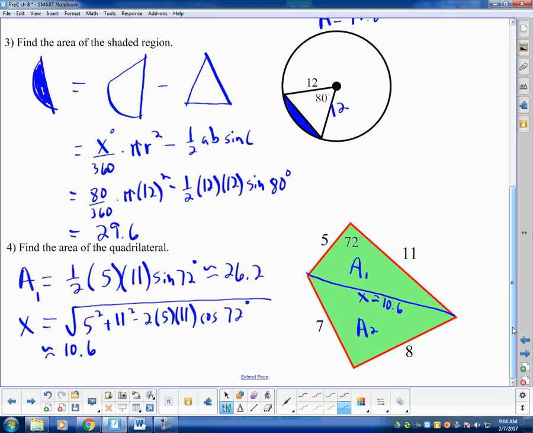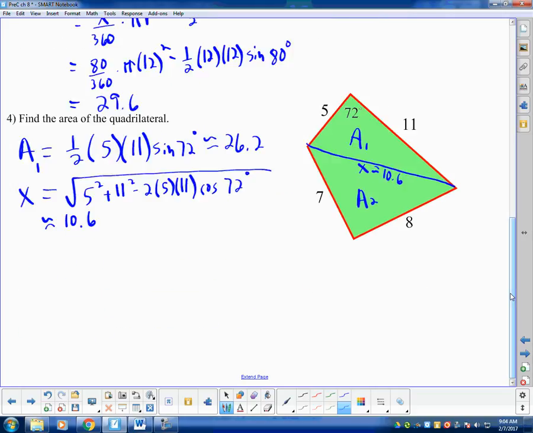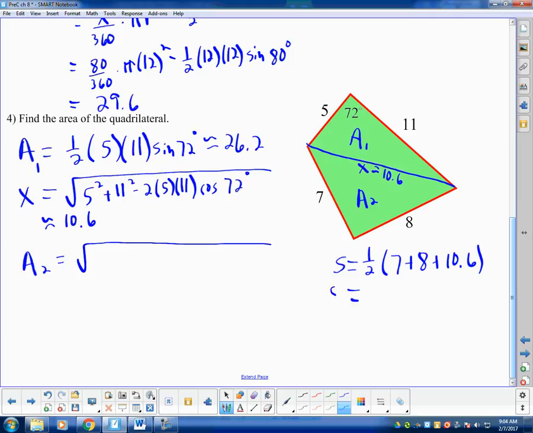Now I have all the information I need to calculate area 2. So area 2 equals the square root of, we've got to find our semi-perimeter. Semi-perimeter equals 1/2 of 7 plus 8 plus 10.6, which is 25.6, half of 25.6, 12.8, right?